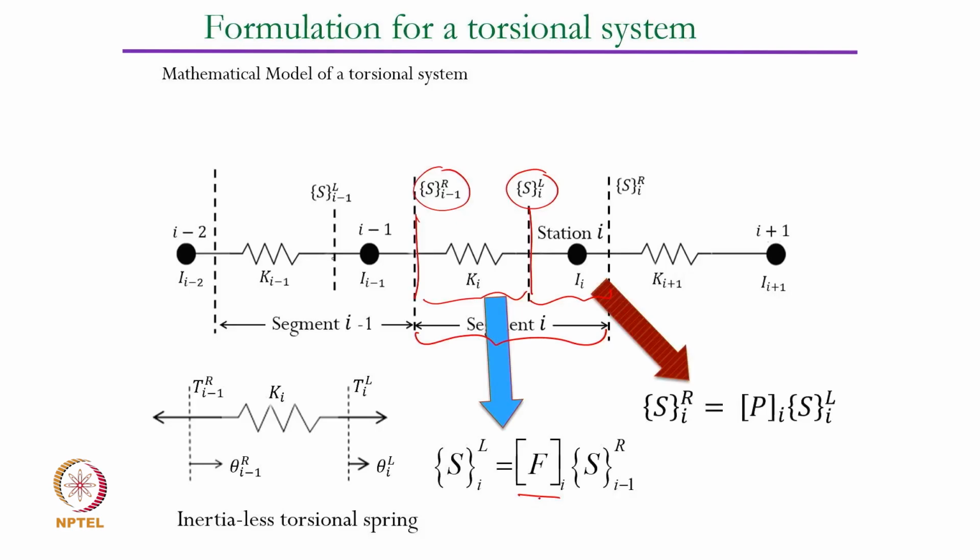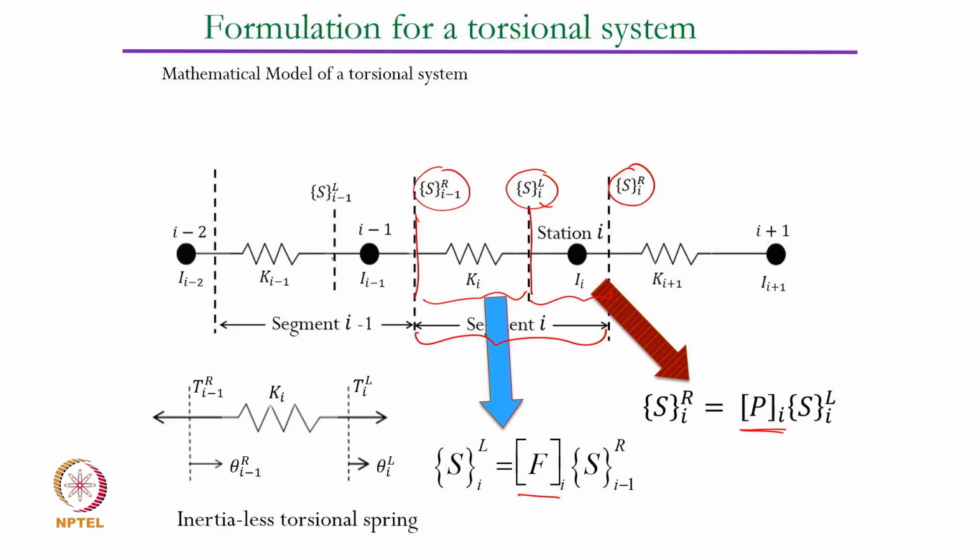We already got an expression for the relationship between the state vector on the right of the ith inertia to the left of that inertia through the matrix called the point matrix. So these two are the matrix relationships between the state vectors that we have.